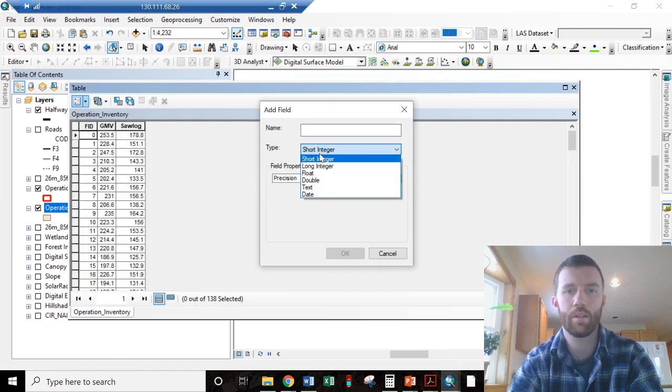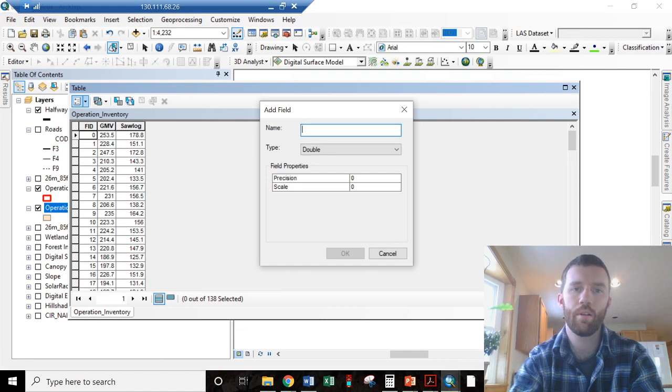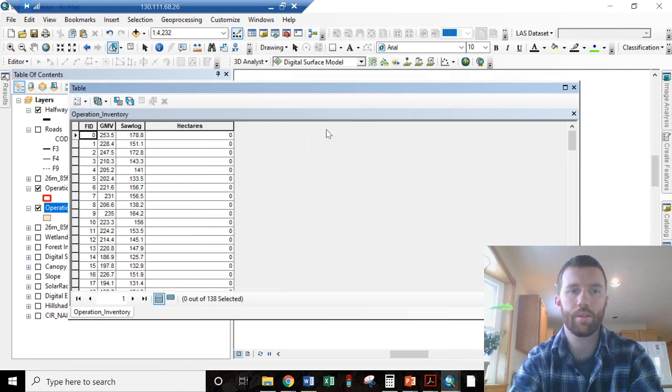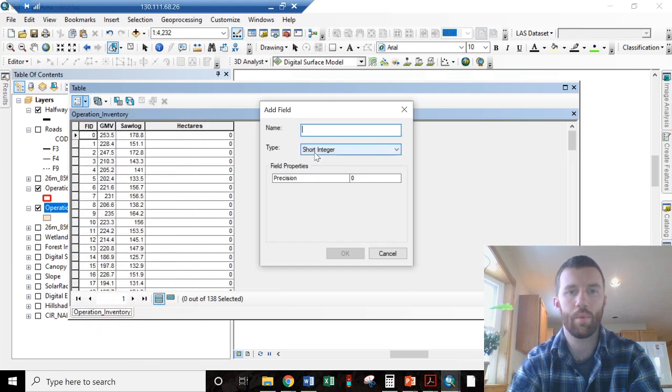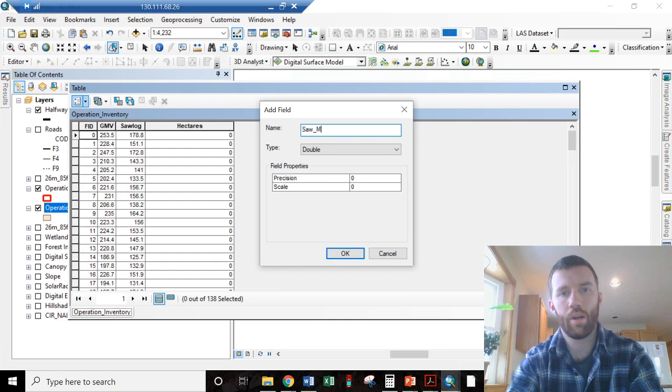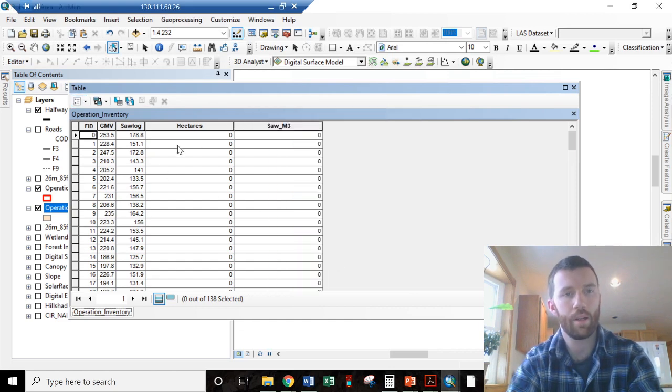Add field, type double, hectares. Add field, type double, saw M3 for saw log cubic meters, and that is the actual volume within each cell. So this is the saw log per hectare value.